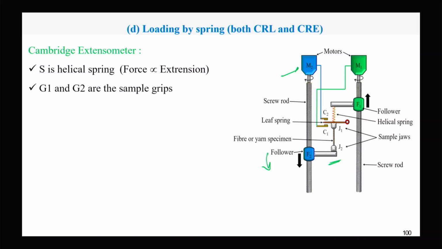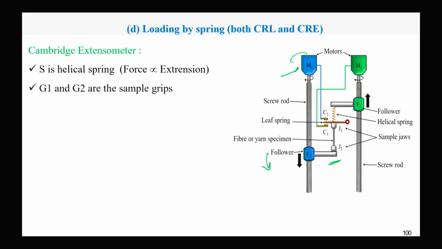That means the motor M1 will move continuously and apply the load at constant rate, but due to the extension, the motor M2 will rotate intermittently.